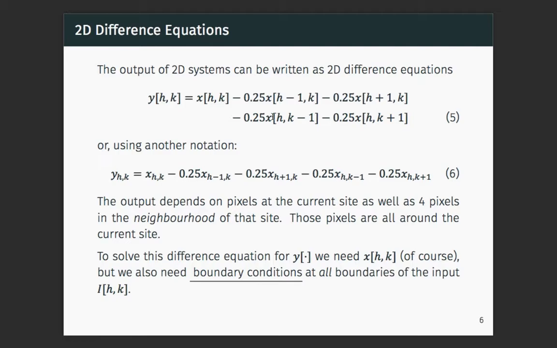Now, obviously, we have an issue with boundary conditions, because here we're trying to access pixels on the left or right of the current pixel. If you're at the corner of a picture, you don't have access to that particular value, so you need to deal with what we call boundary conditions.